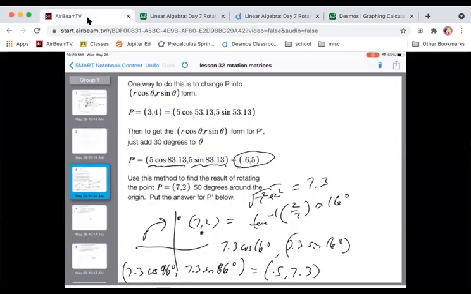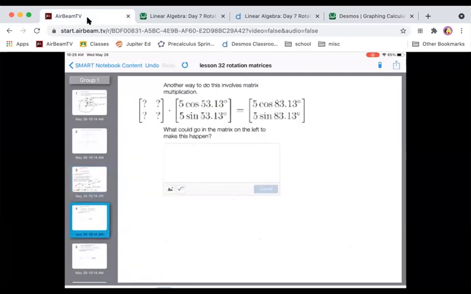So that's one way of doing this question. But the goal of this lesson was to learn how to do it with matrices. Transformation matrices are usually a 2x2 matrix here, because rotation is a linear transformation. Lines will stay lines when you do the transformation, and (0, 0) stays at (0, 0). All the other rotations, like the 90, 180, 270 degree rotations, were done with 2x2 matrices.